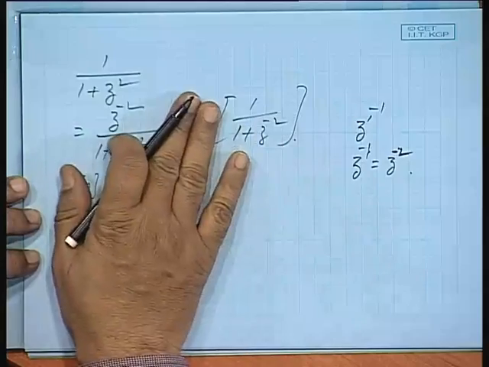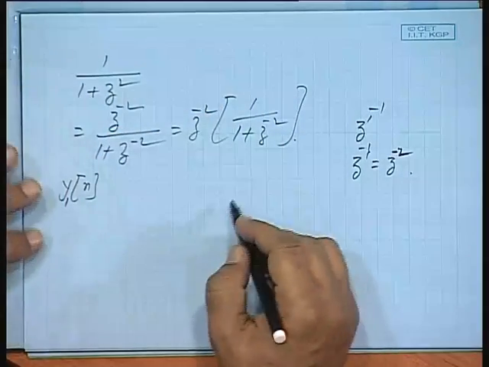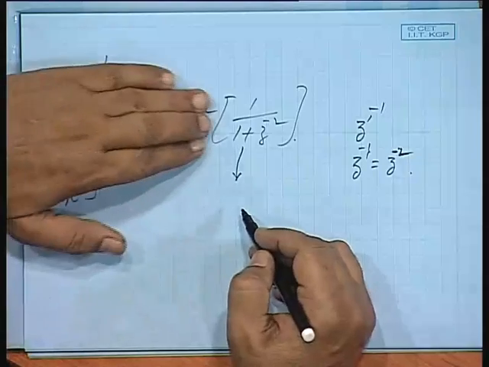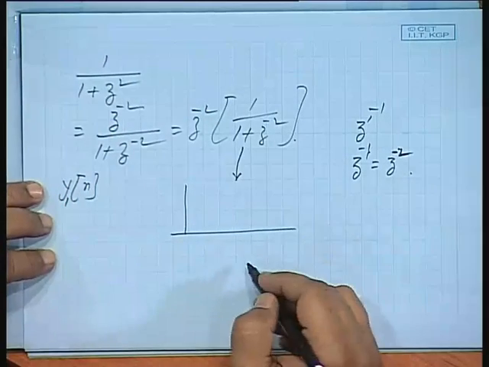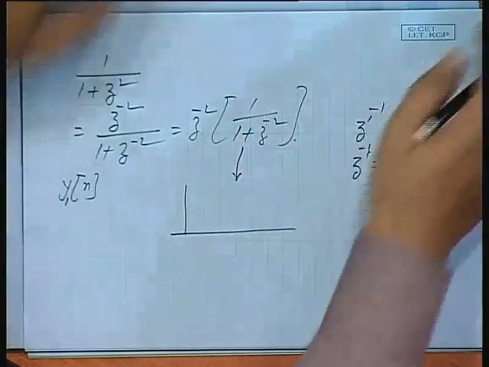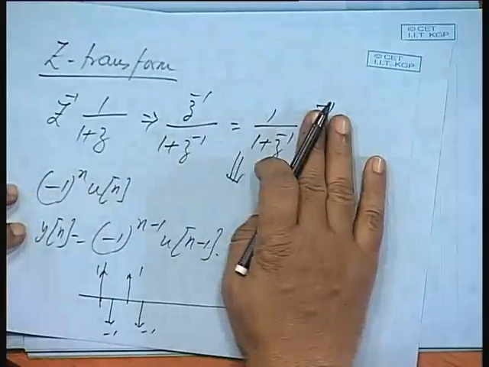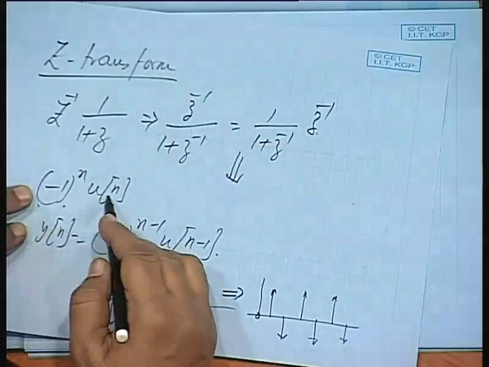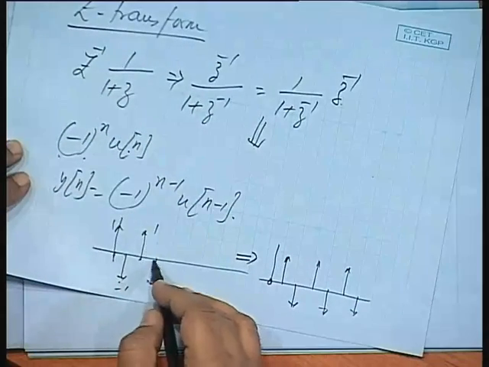So, what will be the result corresponding to this? Forget this. What was the result corresponding to 1 plus Z inverse? It was minus 1 to the power n u n. It was like 1 minus 1, 1 minus 1.